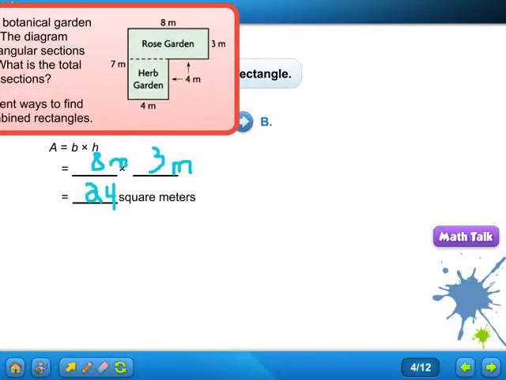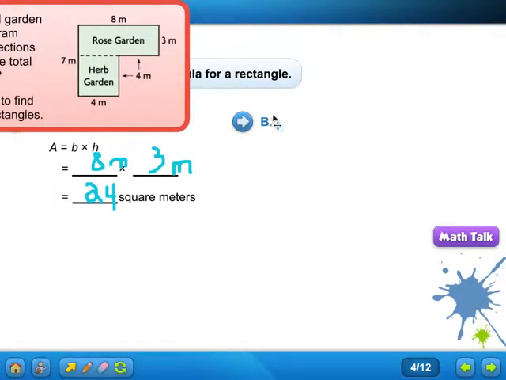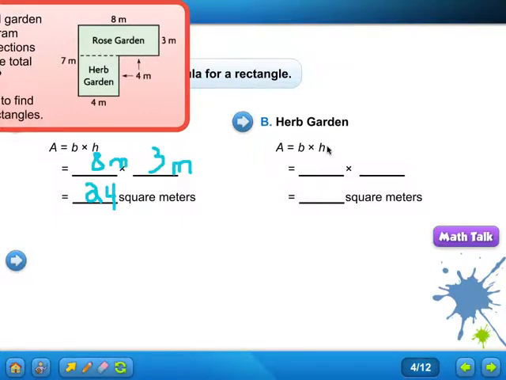All right, I'm going to scooch it over. Remember, that was only one section. We need both sections. So next, we're going to do the area of the herb garden, and that is 4 meters by 4 meters, so 4 meters right here, and 4 meters right here. 4 times 4 is 16 square meters.